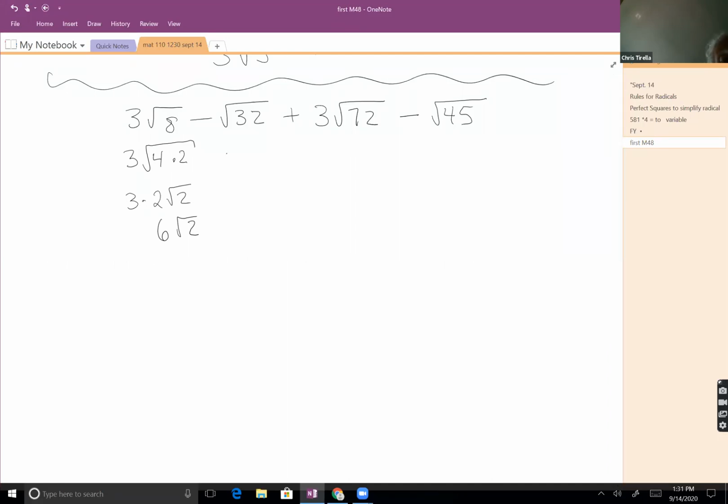So now what do you folks want to do with that 32? We could do 4 and 8, but is there something bigger than 4 that goes in there? Does 2 go in there? Yeah. How many times? 16.